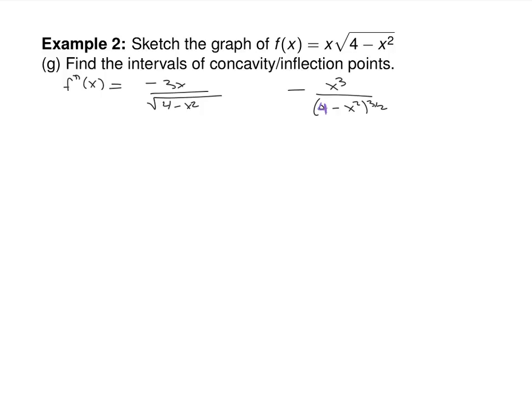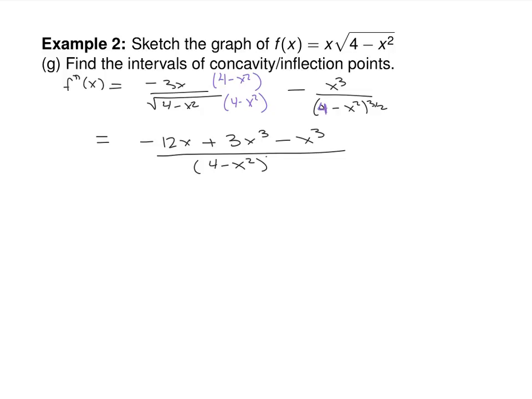So what am I going to multiply to get that common denominator? Just 4 minus x squared. Does that make sense? Okay, so that makes negative 12x plus 3x cubed minus x cubed over 4 minus x squared to the 3/2.